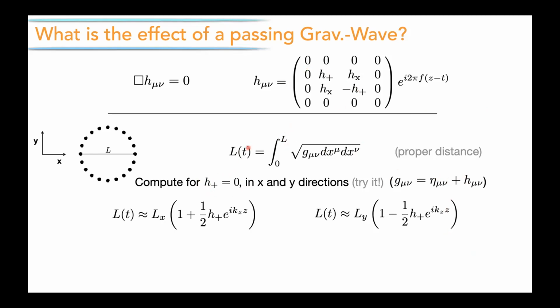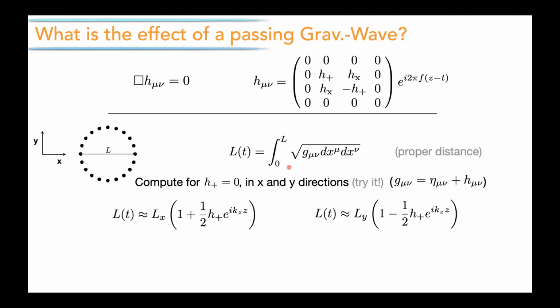And let's compute this proper distance only in the x direction. What you find is that this distance as a function of time is simply the flat space distance in the x direction plus this extra oscillating term, proportional to h plus, the amplitude of our metric perturbation.